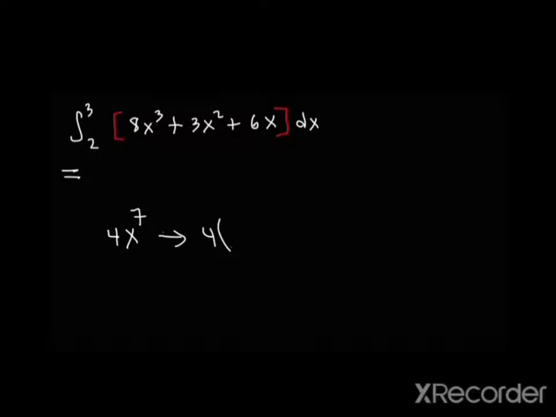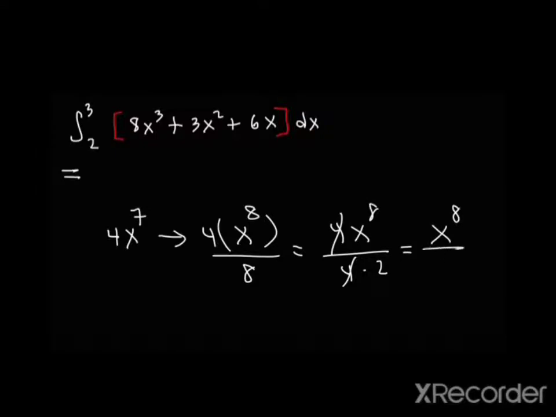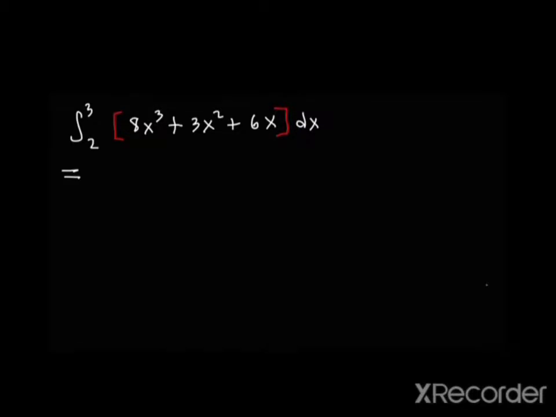First, we write the constant and then find the antiderivative of x to the seventh. So add 1 to the seventh, that's 8, and then divide by that number, and after that you can reduce it. So 8 is 4 times 2. We cancel the 4. The answer is going to be x to the 8 over 2. So that's how you could find the antiderivative of monomials.